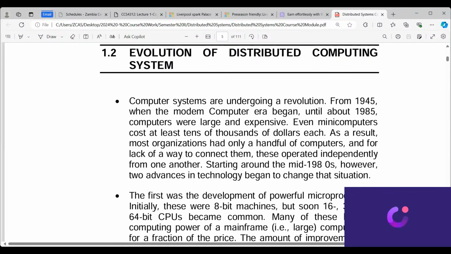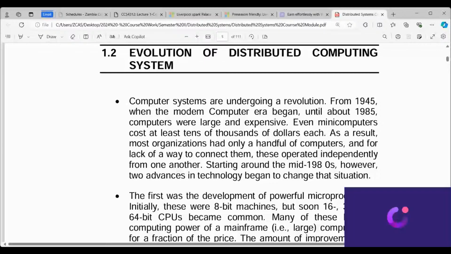Then we looked at the evolution of distributed computing systems, how these came into being, how computer systems underwent evolution, starting from 1945 to date.